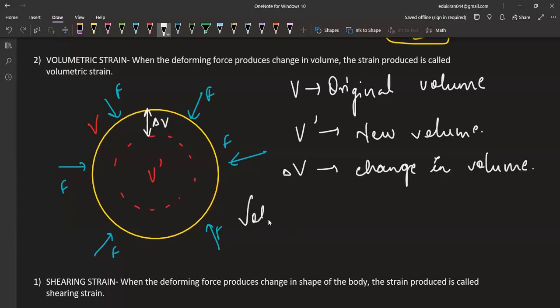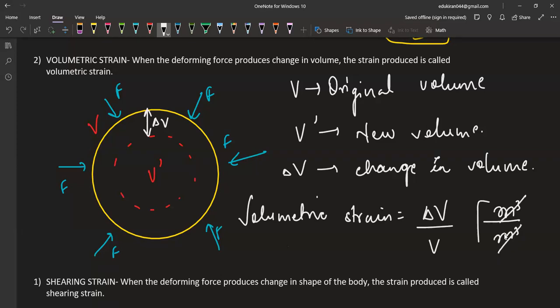So volumetric strain will be delta V by V. Original, a change in the quantity, change in dimension, so change in volume by original volume. Again, you can check even meter cube by meter cube will cancel each other, so no units are there.